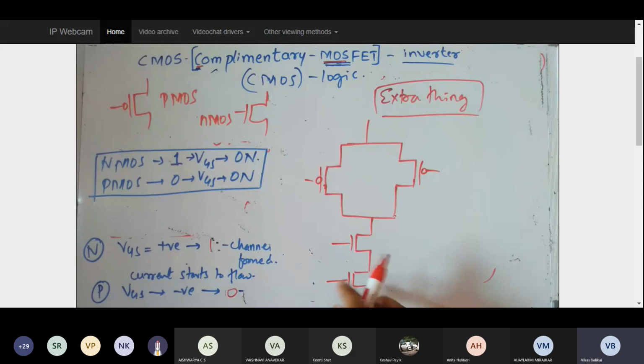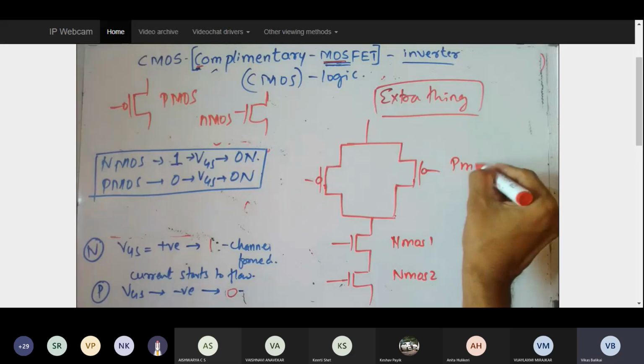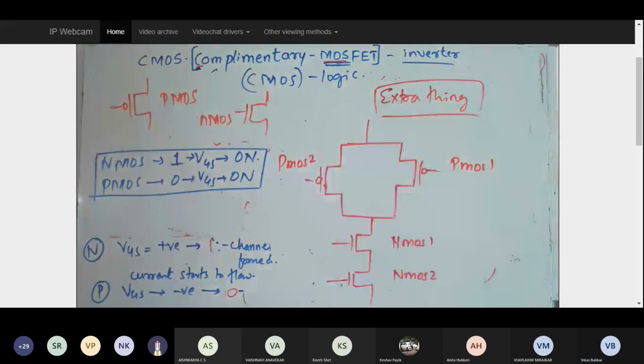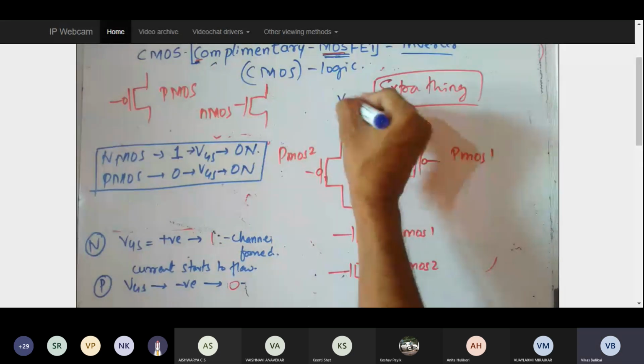So I say this is NMOS 1, NMOS 2, PMOS 1, PMOS 2. And let us just do the connection this way. This is my VDD equal to 5 volt.